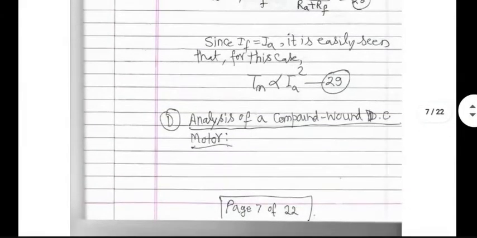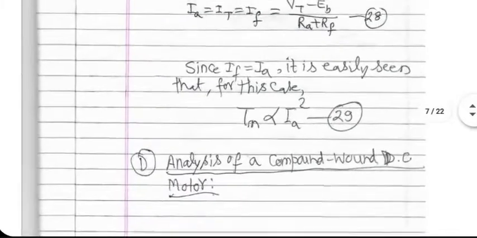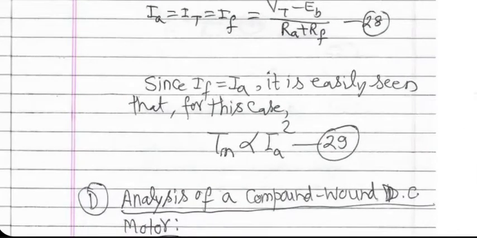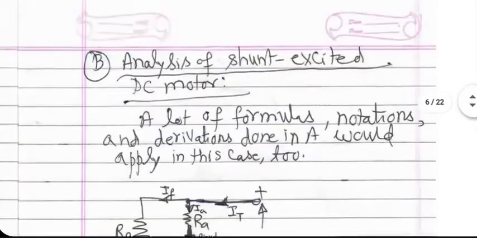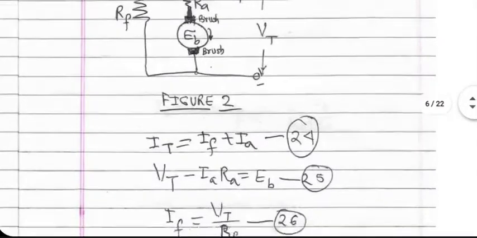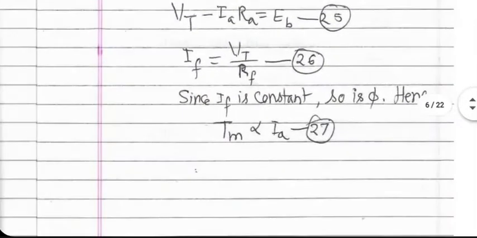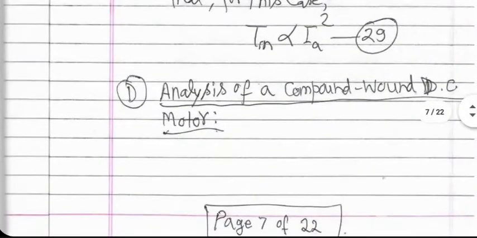For a series motor, this is the equation governing the behavior of torque with IA. For a shunt motor, the equation was this. For compounded motor, you will have something in between, depending on the level of compounding. You will have neither this nor that, but something in between.